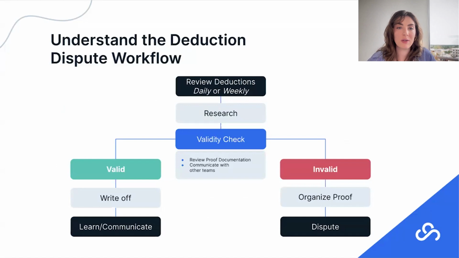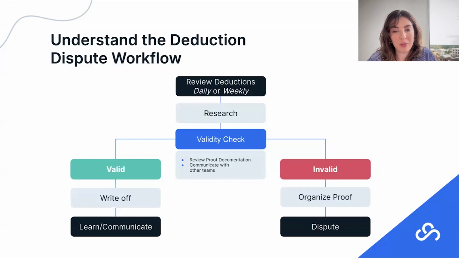All right, and then here's the full deduction dispute workflow. This is how a supplier could pull really any deduction. This is the most high level that you could get. So you can see you're reviewing those deductions daily or weekly, some kind of cadence that you're on. You're researching, deciding if they're valid, meaning, okay, yes, on our side, this is something we're responsible for.